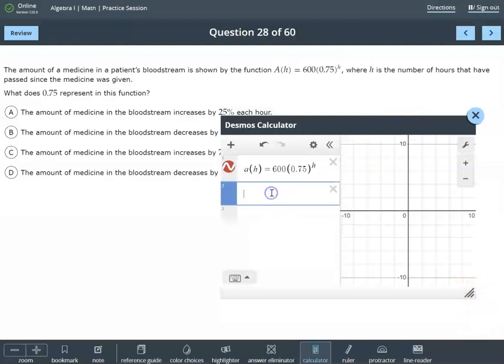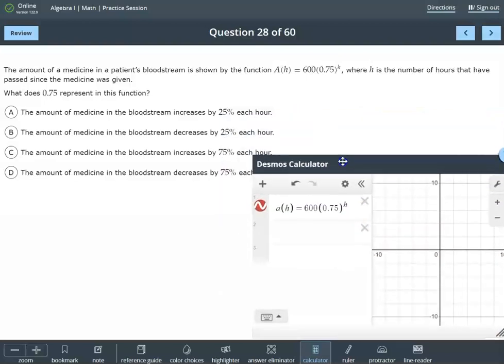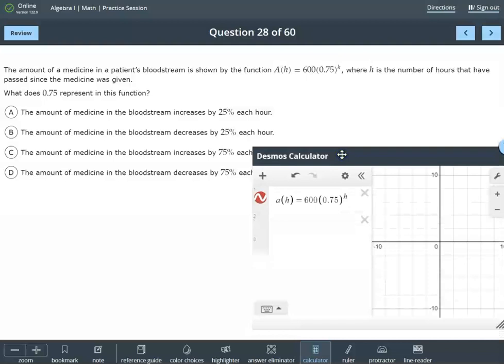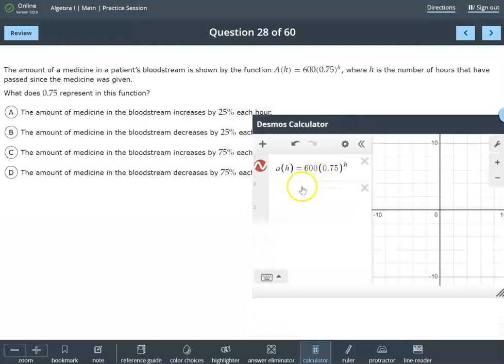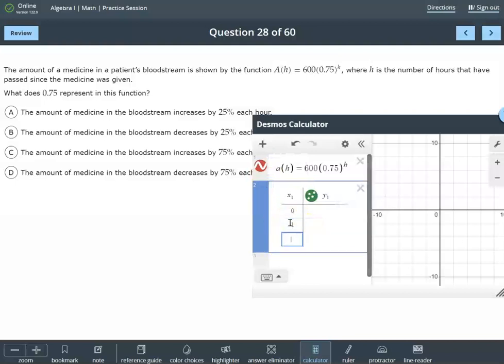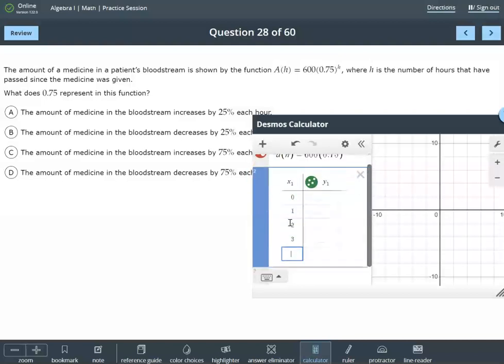All right, the next thing I'm going to do is create a table so that I can examine what the numbers are doing, because I'm being asked here, how is the amount of medication changing? Is it increasing or decreasing, and by what percent? And a real simple way to determine that is to make a table and look at the actual numbers. I'm going to always start at 0 on one of these, and then I'll go up a few times. Let's do 1, 2, 3, 4, 5 should be plenty.